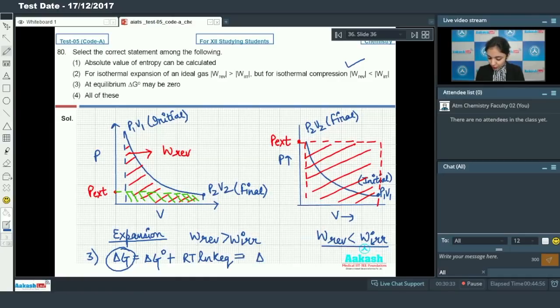So delta G naught will be equal to minus RT ln K equilibrium. अब अगर यहाँ पे K equilibrium की value 1 हो जाए तो ln 1 will be equal to 0. So the delta G naught will be equal to 0. So delta G naught can be 0 if value of equilibrium constant is equal to 1. So this statement is also correct. So option number 4 is the correct answer, that is, all statements are correct. So moving on to the next one now.